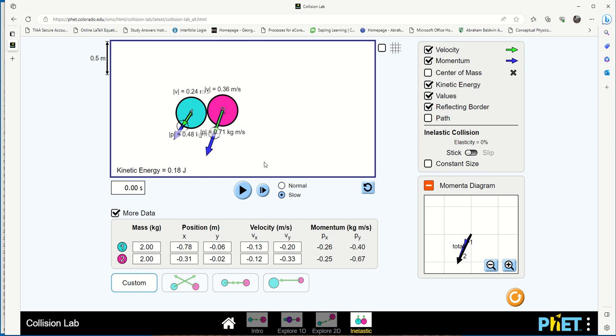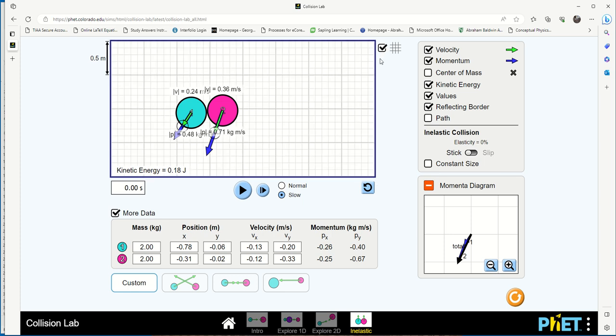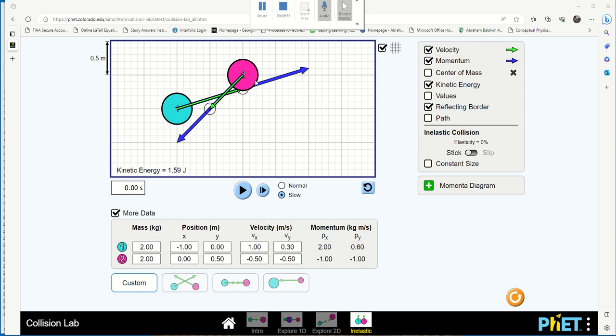Let me pause this. I don't quite know what's going on there. Okay, so now I've got M1 and M2 both equal to 2 kilograms.